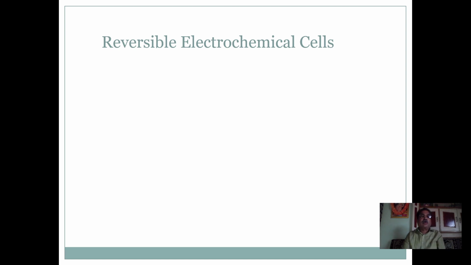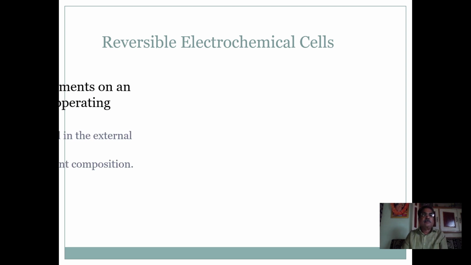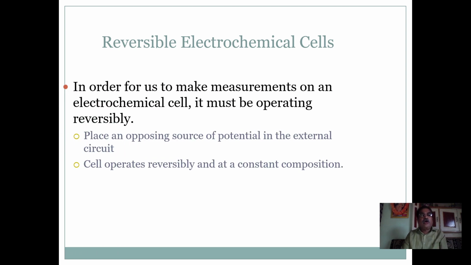Now the next topic will be reversible electrochemical cells. In order to make a measurement on an electrochemical cell, it must be operating reversibly. Place an opposing source of potential in the external circuit. The cell operates reversibly and at constant composition.